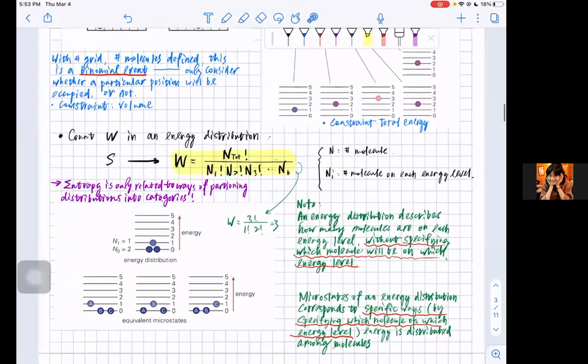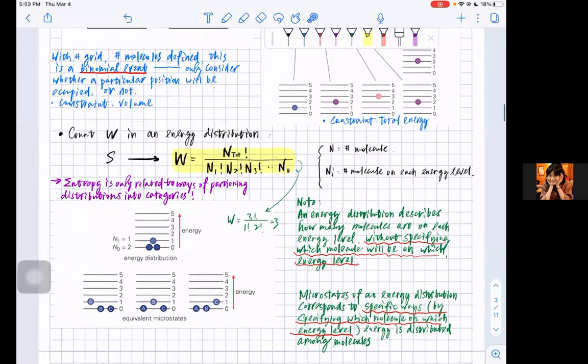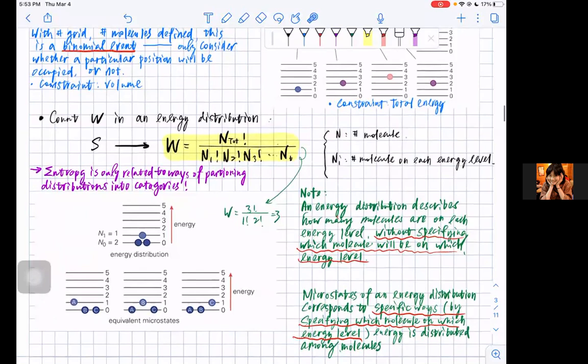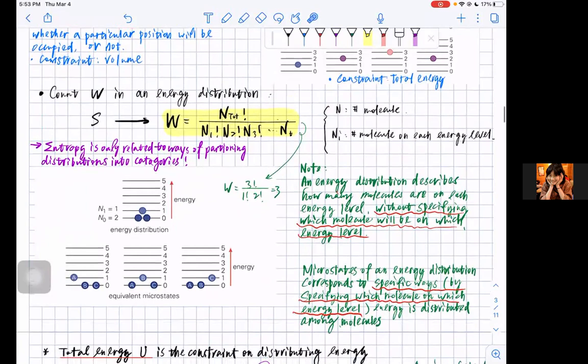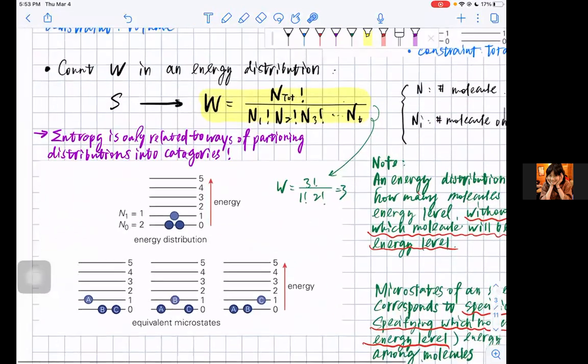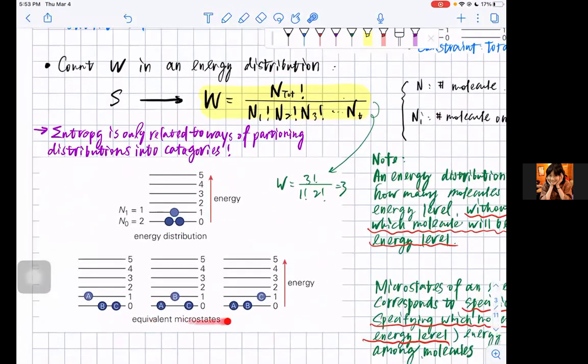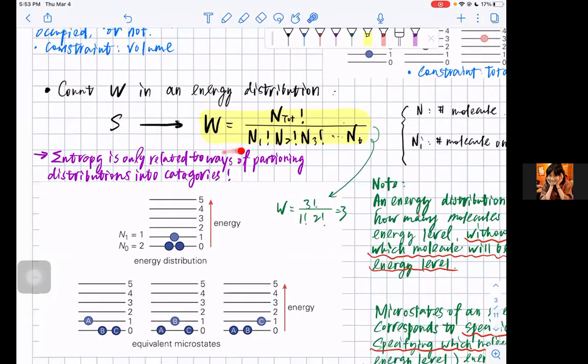So the energy distribution describes how the populations are on each energy level without specifying which molecule will be on which energy level. Counting the microstates of one energy distribution is saying how many specific ways energy can be distributed among the molecules by specifying which molecule will be on which energy level. So that is what this graph is trying to say, and that is what this equation is really about.